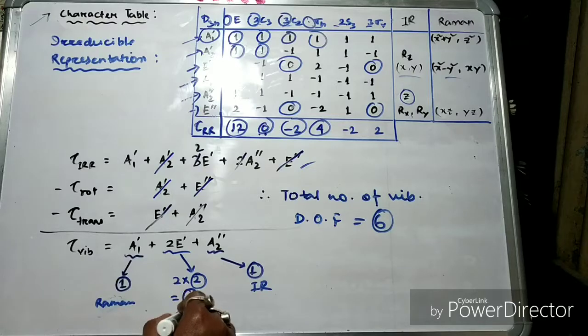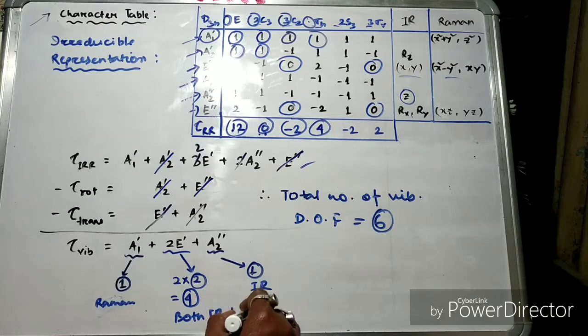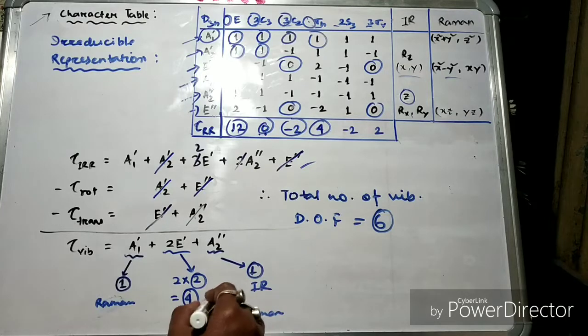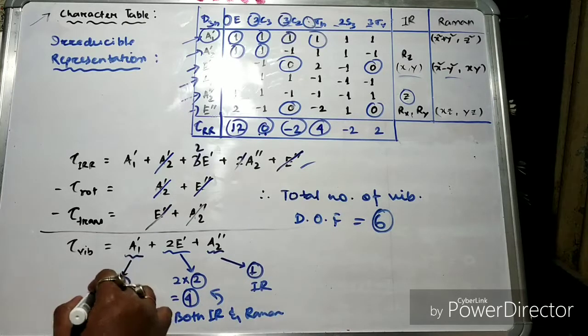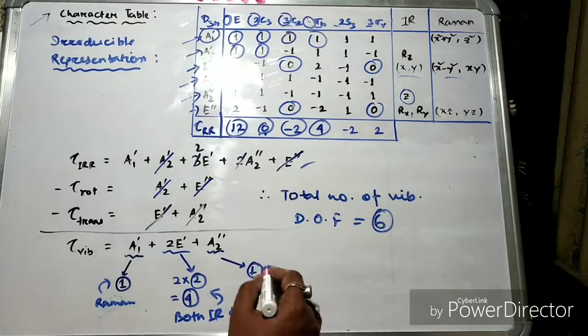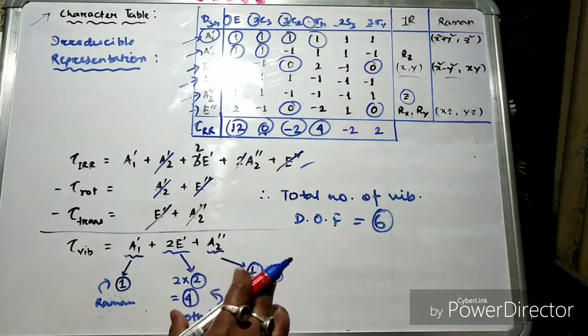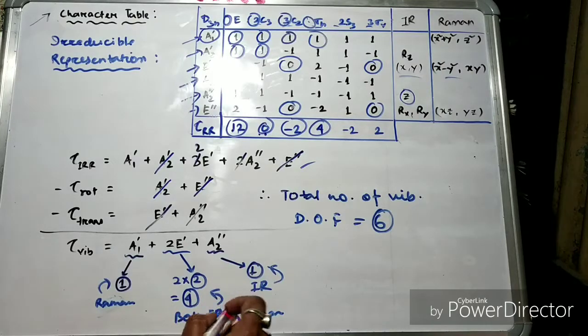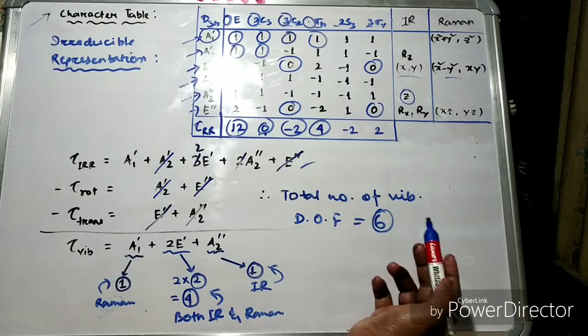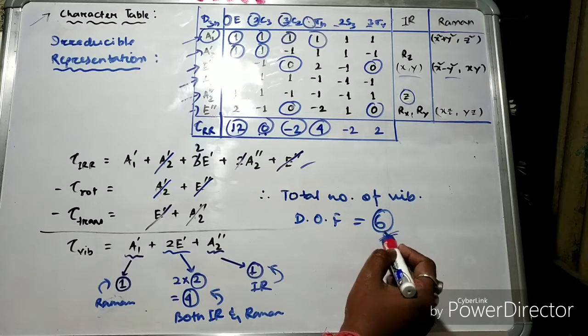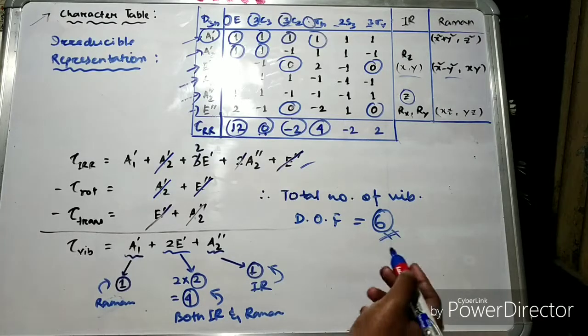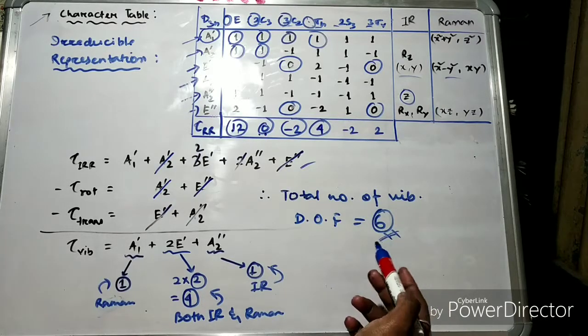This mode of vibration is both IR and Raman active, okay. This is IR active and this is Raman active, and this E is both IR and Raman active. So we found out that the total number of vibrational degrees of freedom corresponding to the BCl3 molecule is 6.